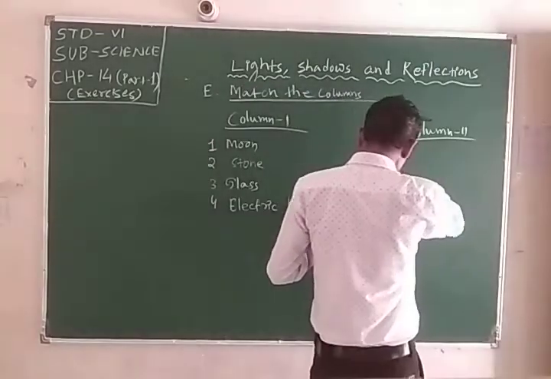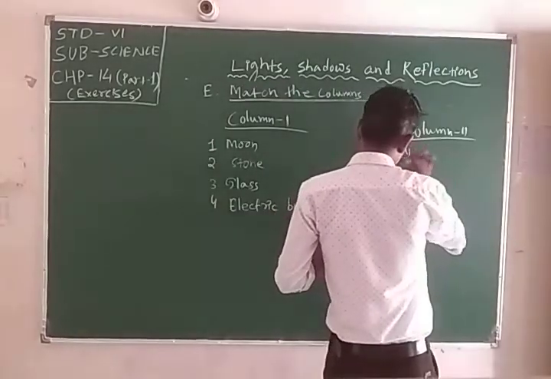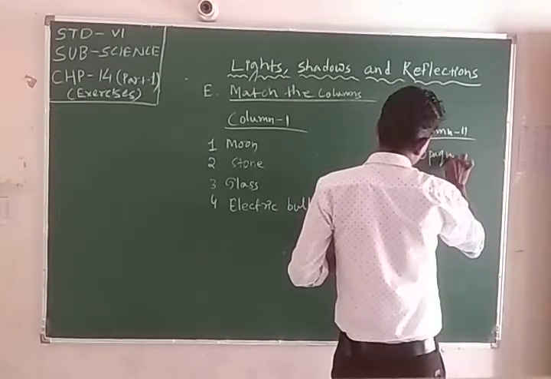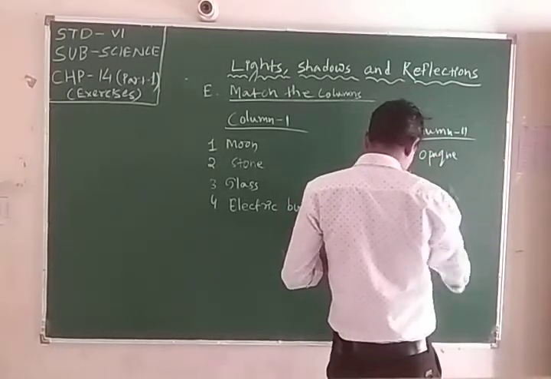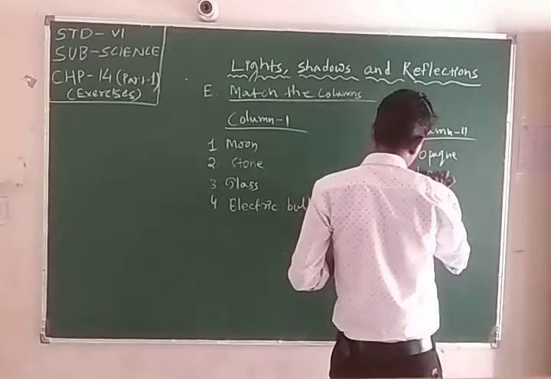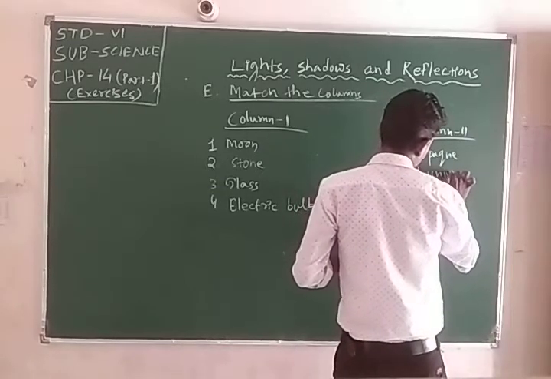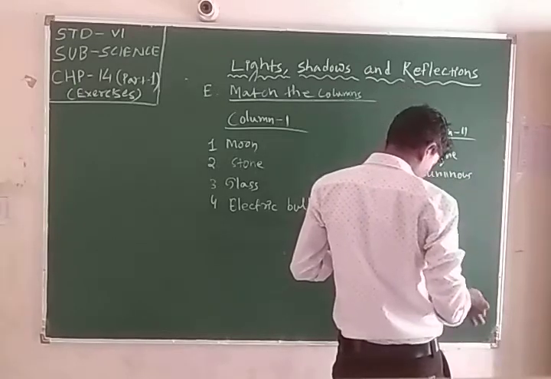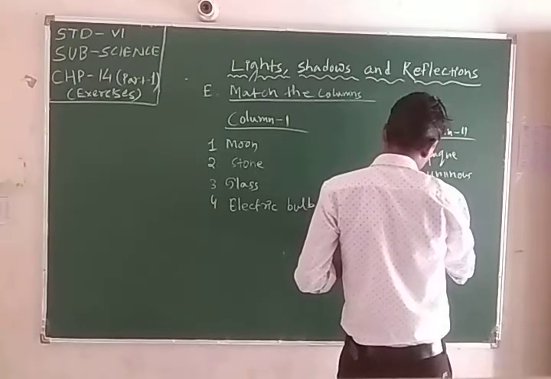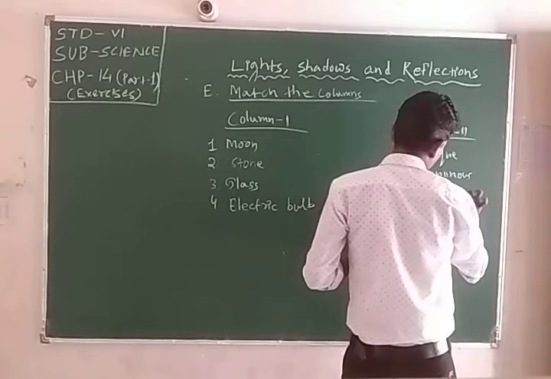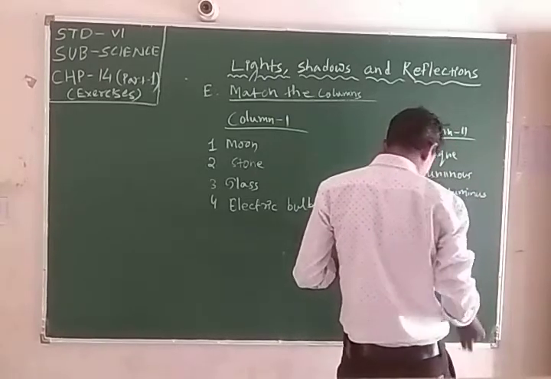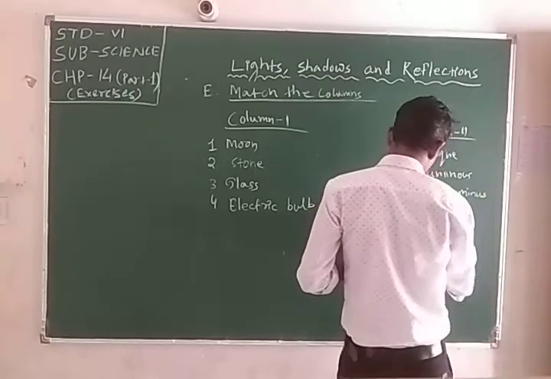Column 2: A opaque, B luminous, C non-luminous, D reflecting surface.